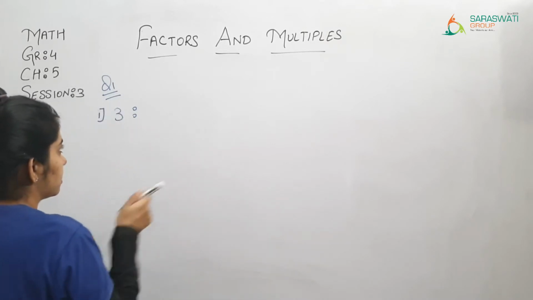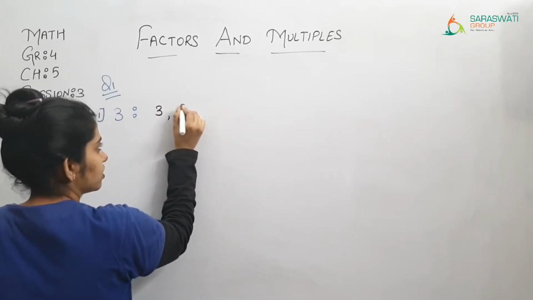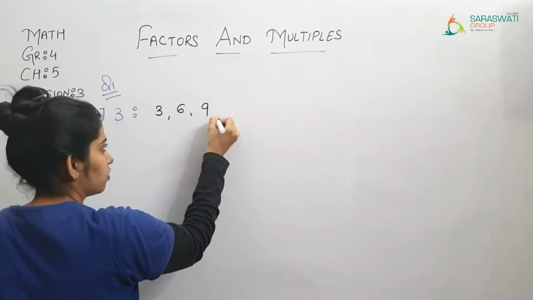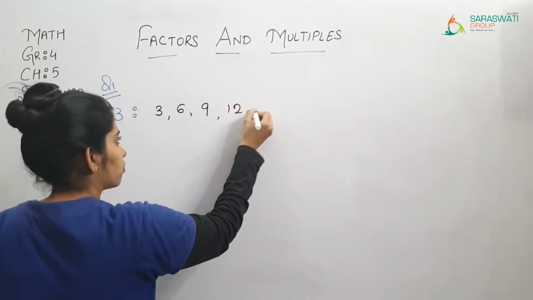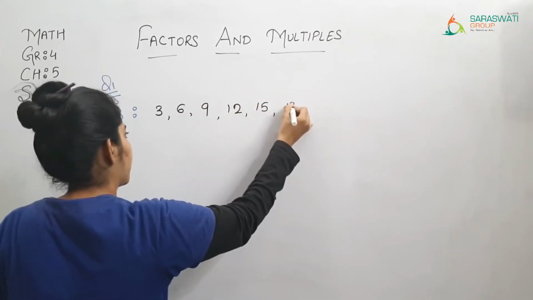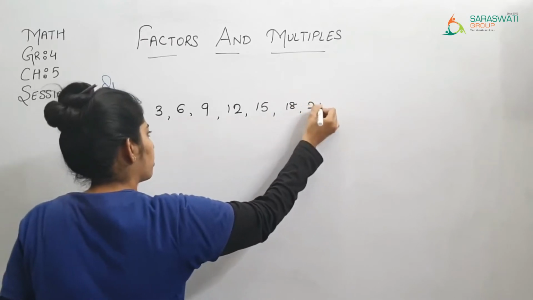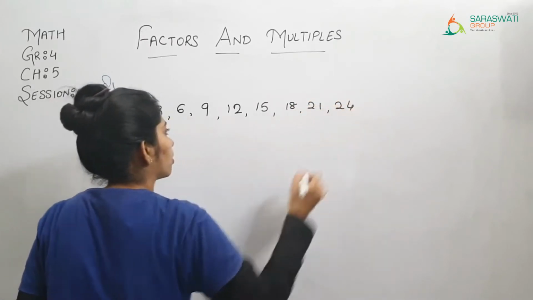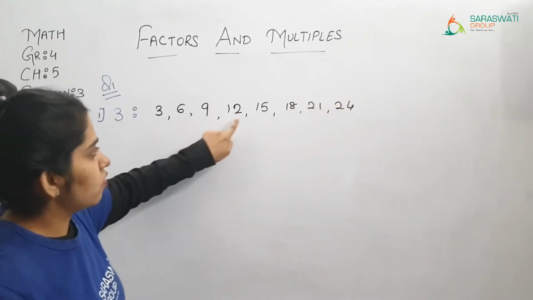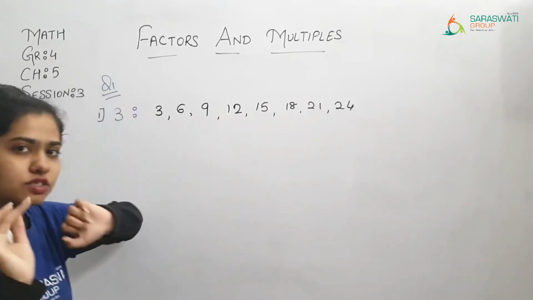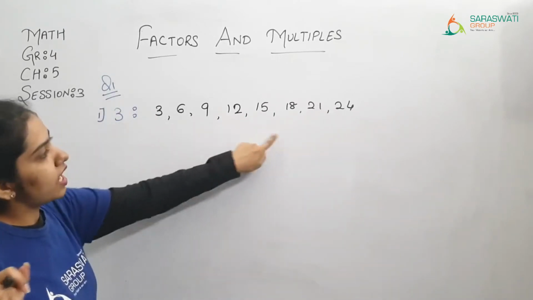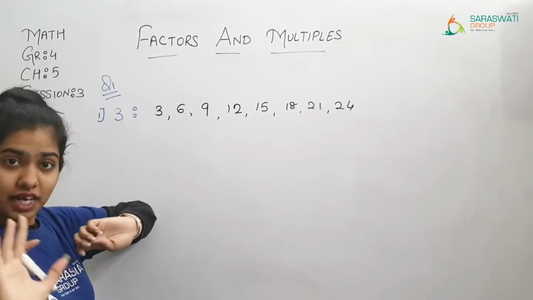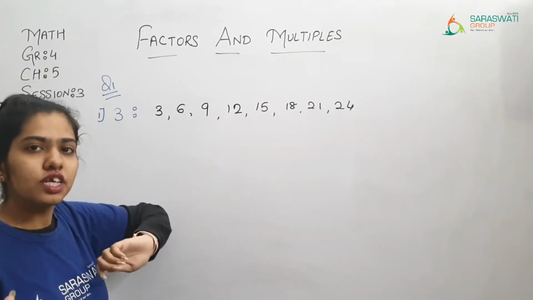So first is 3 ones are 3, 3 twos are 6, 3 threes are 9, 3 fours are 12, 3 fives are 15, 3 sixes are 18, 3 sevens are 21, 3 eights are 24. 1 2 3 4 5 6 7 8. આપણે 8 સુધી લખવાના. So these are the first 8 multiples of 3.